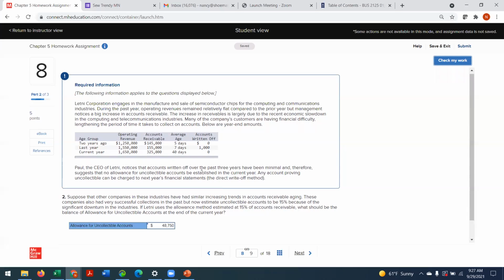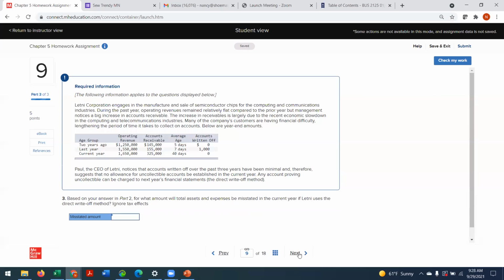Because notice the accounts written off. He never had to use it before because they were so minimal. So we would just start this year taking 15% of the accounts receivable, or 325,000. But you are right that if in the past, we would have to adjust those balances. This says he never had done it before.